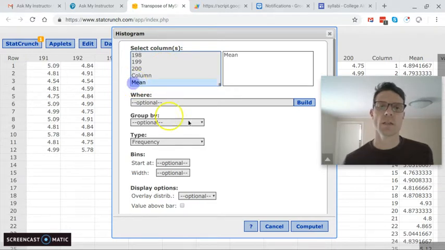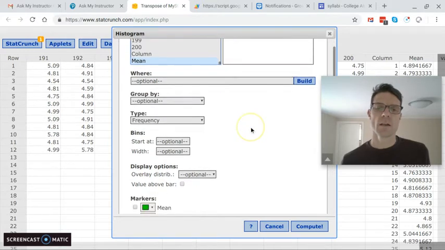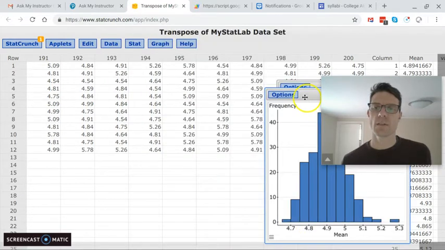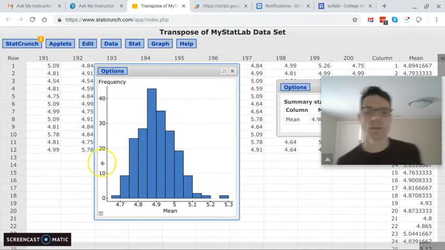The column is named mean, and you don't have to worry about what you want to group it by. I just do a frequency one, and I think I just hit compute. Let's see if it gives me a nice histogram. Yeah, okay. So here it gives me a nice histogram.